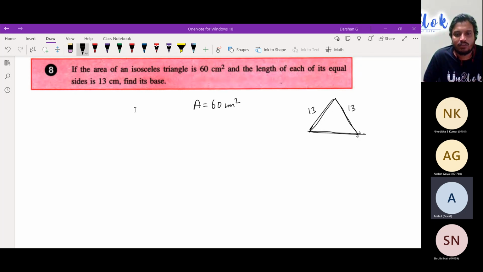Take it as x or 2x and try to find it. Slightly bigger method. If I draw a perpendicular like this, this becomes x, and this also becomes x, and complete it becomes 2x.